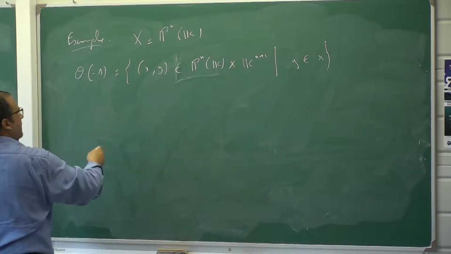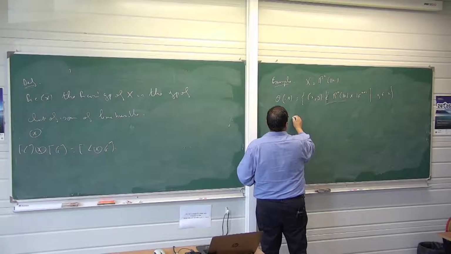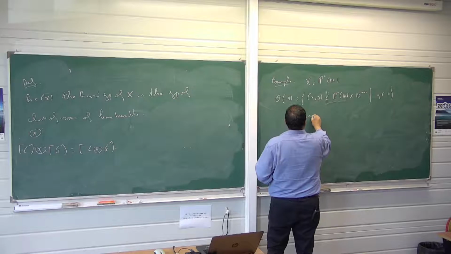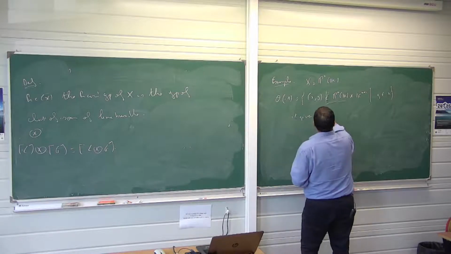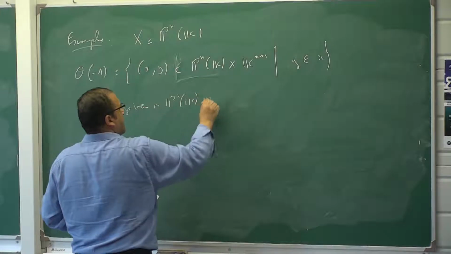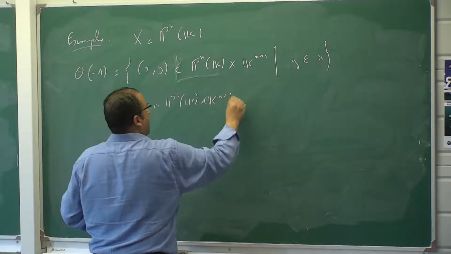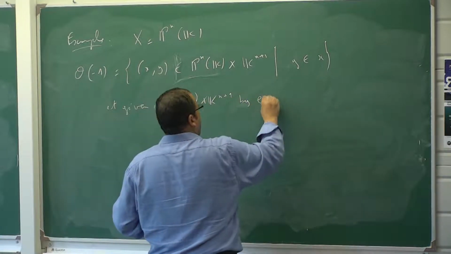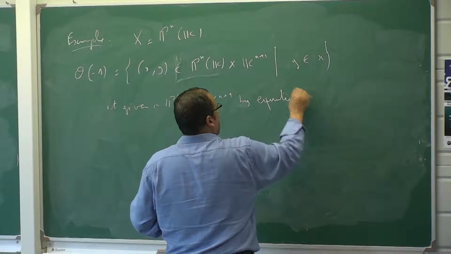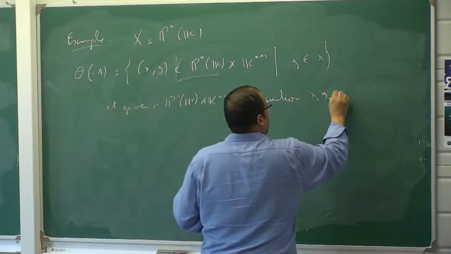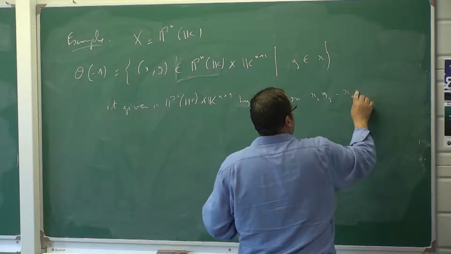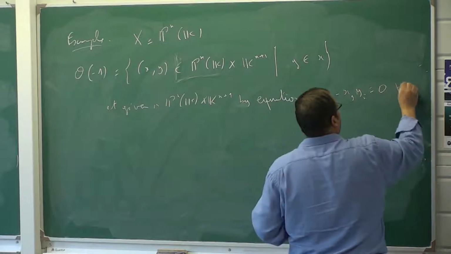And this is an algebraic variety because it's given, in P^n times k^(n+1), by algebraic equations x_i y_j minus x_j y_i equals 0 for all i, j.